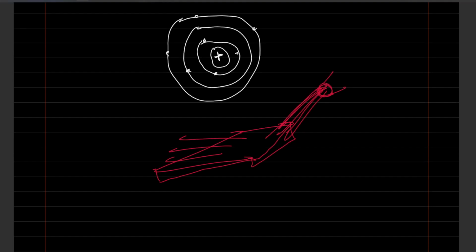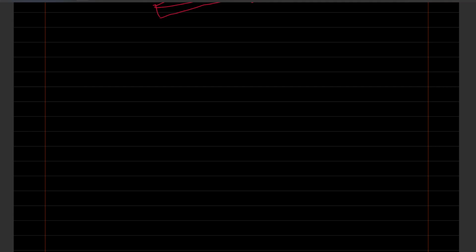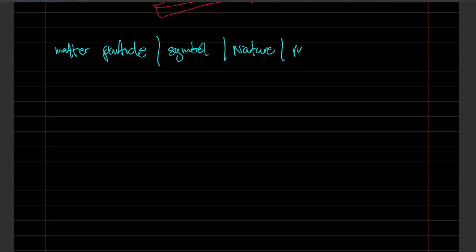Now, to help us remember correctly, what's important to know is that let me draw up a table, and let's say this is a matter particle, and next to it we'll write a symbol. Next to that, its nature. Next to that would be the mass in kilograms.